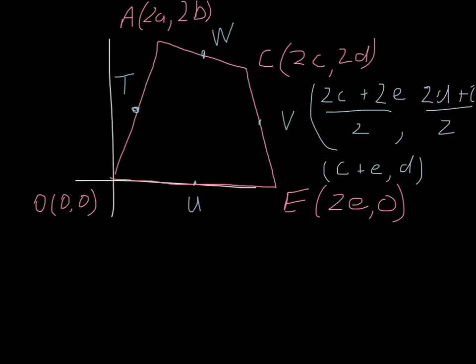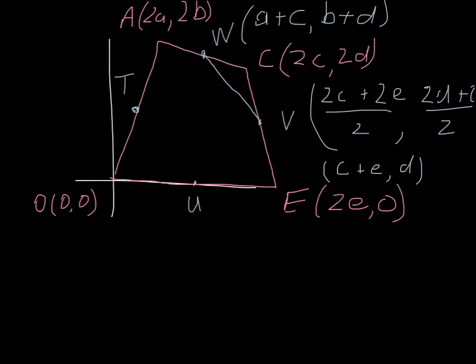And they're asking us to get the slope of WV. Well, if you use the same midpoint formula on W, you're going to get the ordered pair (a plus c, b plus d). All right, now, how are we going to get the slope of this line right here, WV?